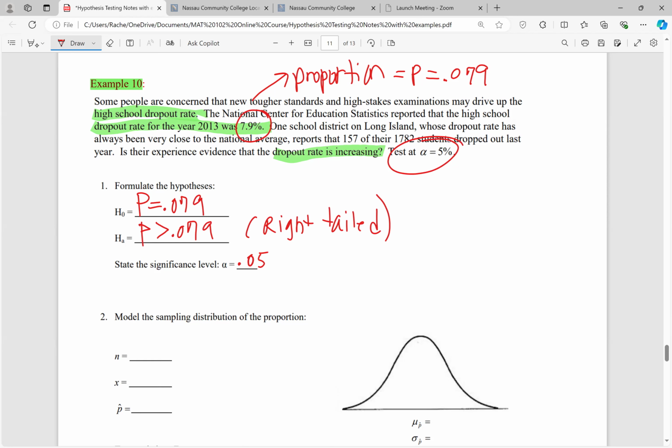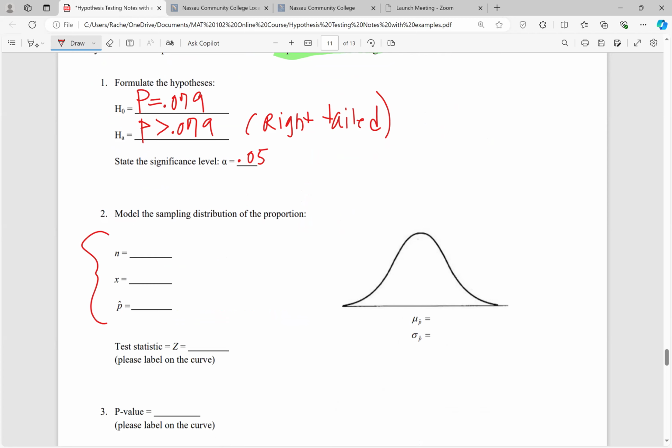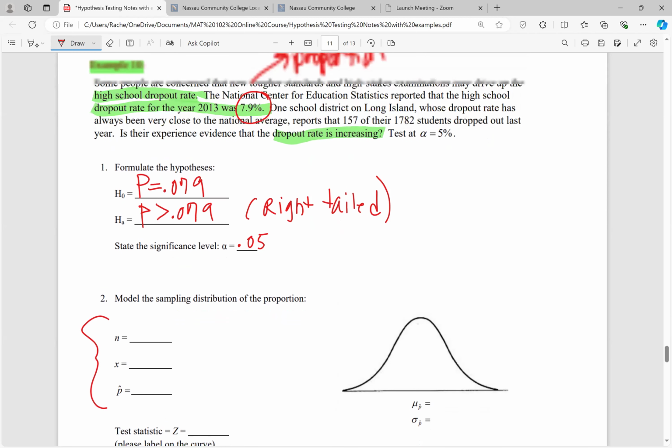So now we have to model the sampling distribution of the proportion. But before we get to the picture of the model, let's summarize the data that we collected. So we took a sample of 1,782 students, and out of the 1,782, 157 dropped out.